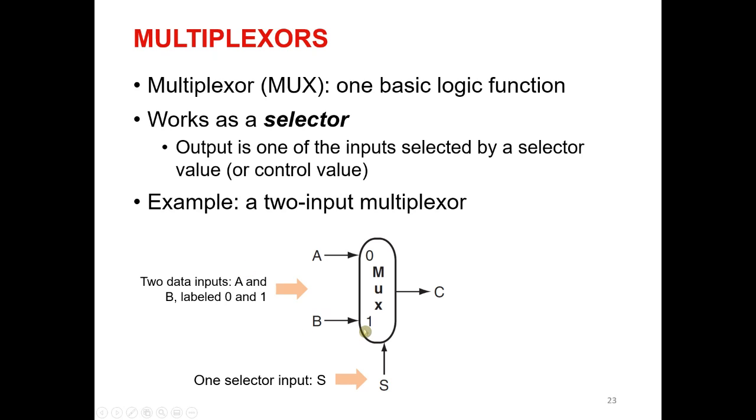If the selector is 1, the input B will be selected and will be put to the output C. If the selector S is 0, then it will be the input A which goes through to the output C. Make sense? So this signal S will select whether it's A or B that goes to output C.